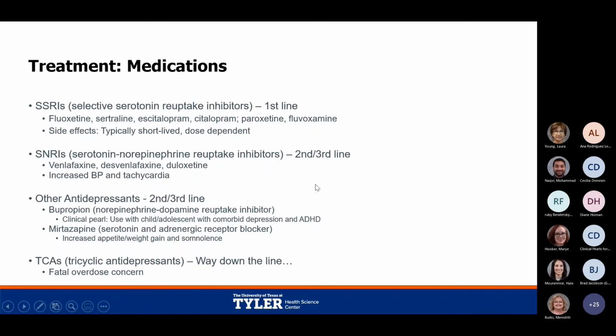They do work, and they work well, but it's that fear of fatal overdose with the cardiac implications of that a teenager, or a child, may impulsively do because they got into an argument with their parent, and then they end up overdosing on one of the tricyclics, and then they end up accidentally killing themselves because they were just impulsive in the moment. So that's why I do not typically utilize TCAs in this age group.